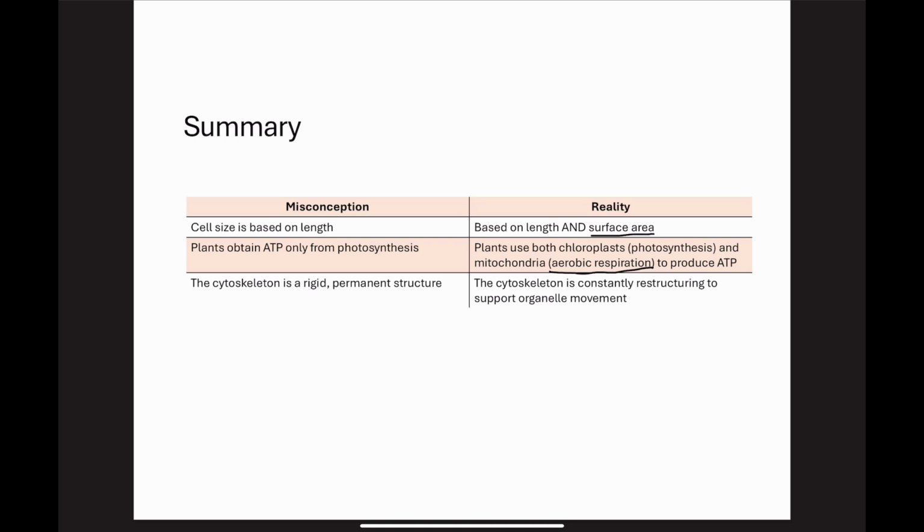And the last thing is that our cytoskeleton is a key structure that gives the cell its shape and support, but it isn't static. It's constantly restructuring itself to support organelle movement. So to sum up, cell size, energy production, and the cytoskeleton are all very important to how a cell functions and survives.